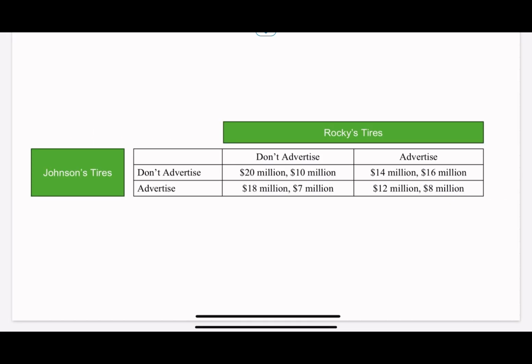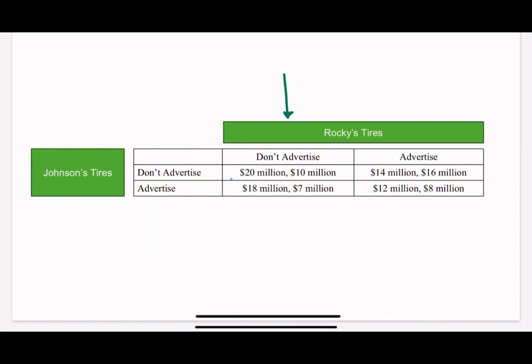Here's an example of Johnson and Rocky's tires, but I've now changed the payouts, even though they have the same strategy. So to find the Nash equilibrium, or the outcome we would expect, let's consider the case where Rocky is going to not advertise. Well, if Johnson Tire assumes that Rocky is not going to advertise, then Johnson can get $20 million if they don't advertise, and $18 million if they do.